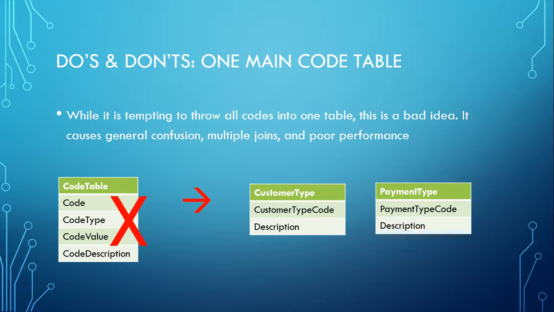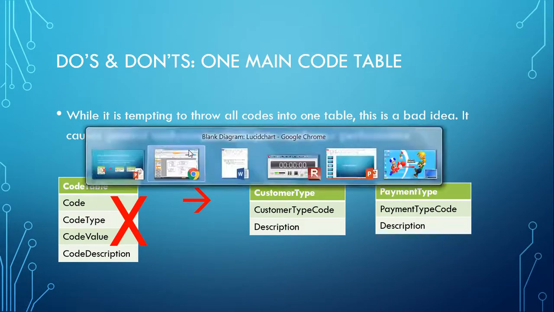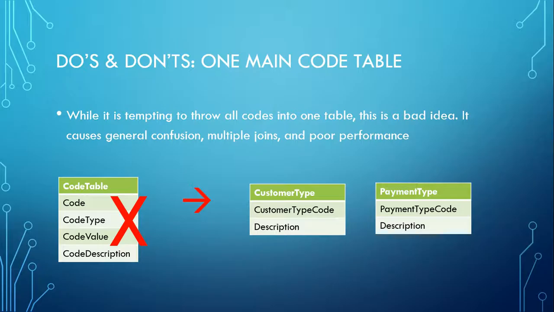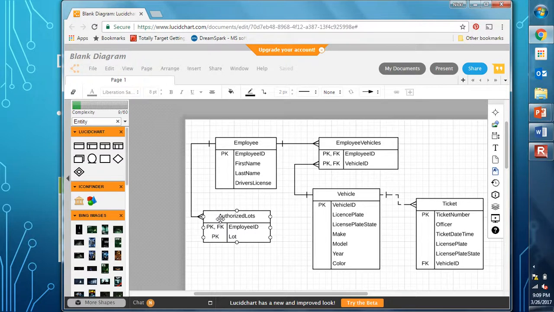Other do's and don'ts. We don't want to have a single code table. So if we had something like an employee type, so let's add that on here.